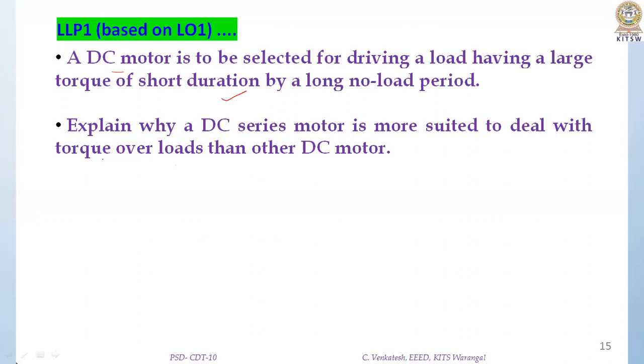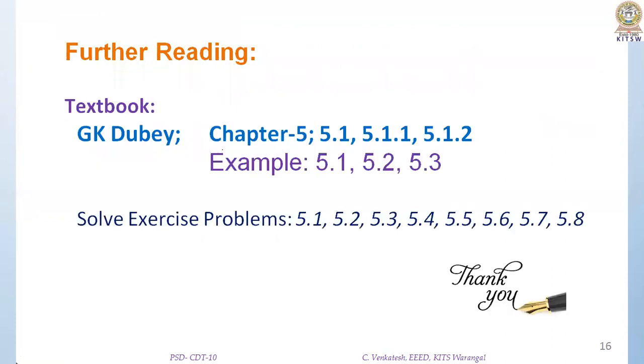Whenever there is a requirement of torque under overload condition, we prefer a DC series motor. For example, large load applications like traction, lift, escalator, crane, excavators, we prefer a DC series motor rather than the shunt or cumulatively compound or separately excited. Why is that? Try to analyze this and we'll discuss in class.